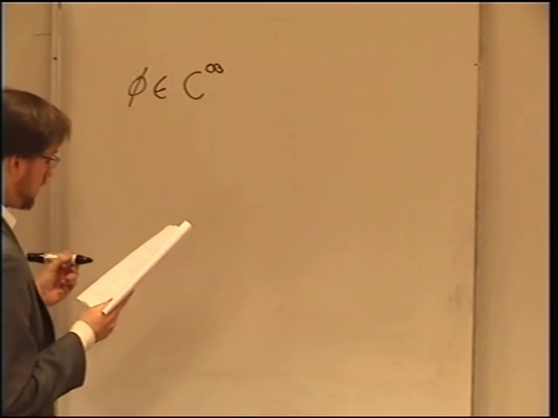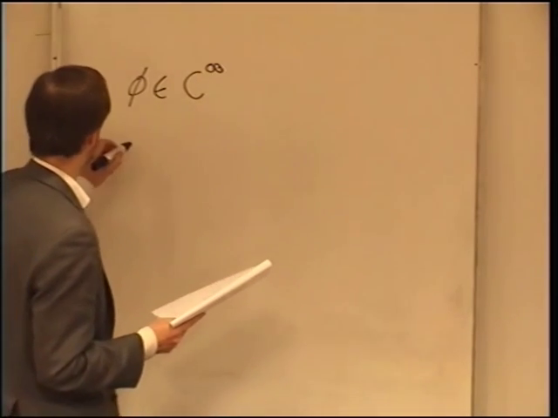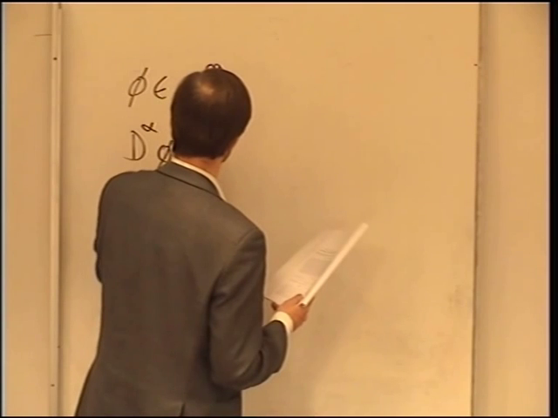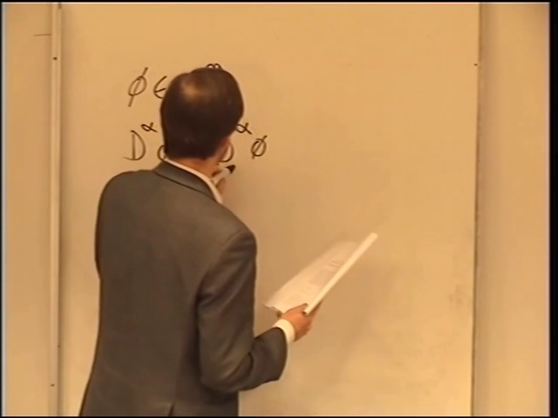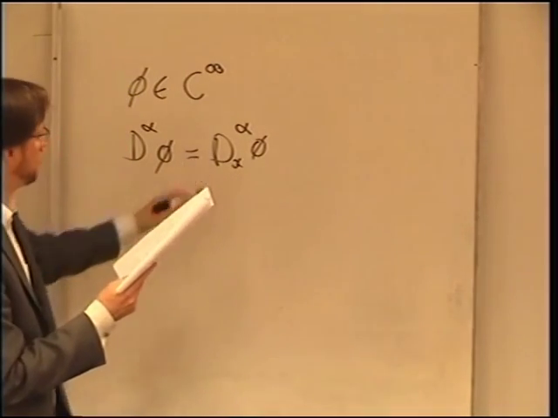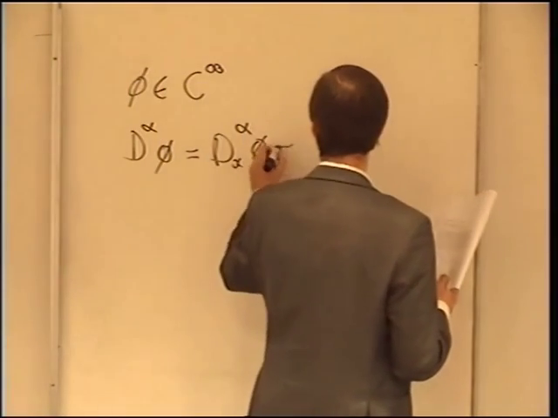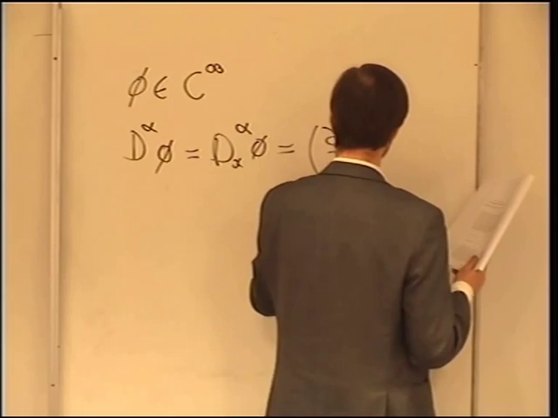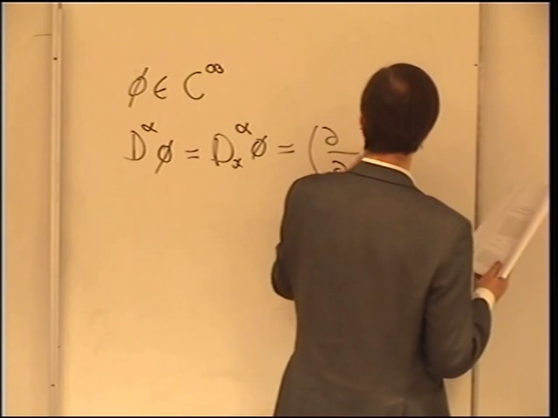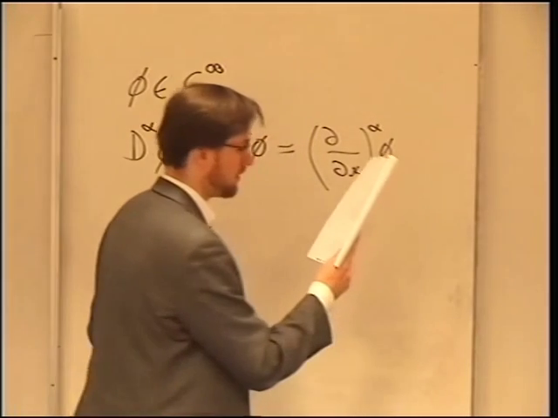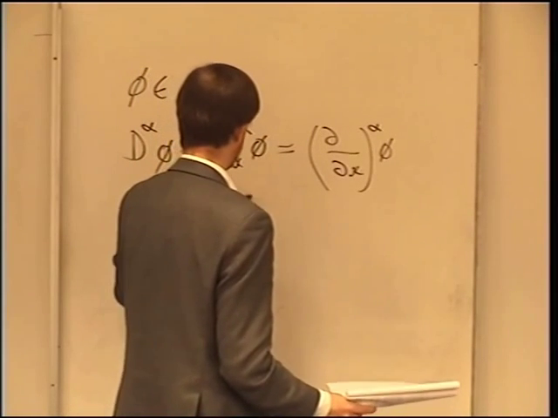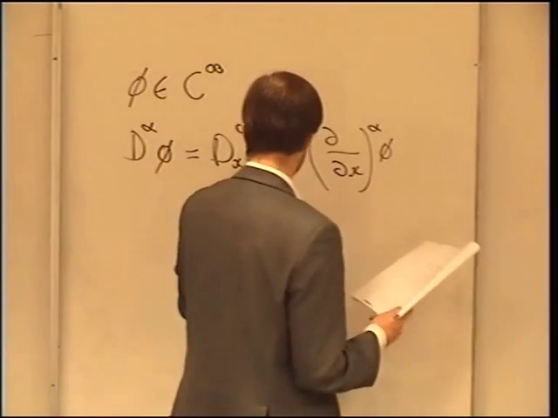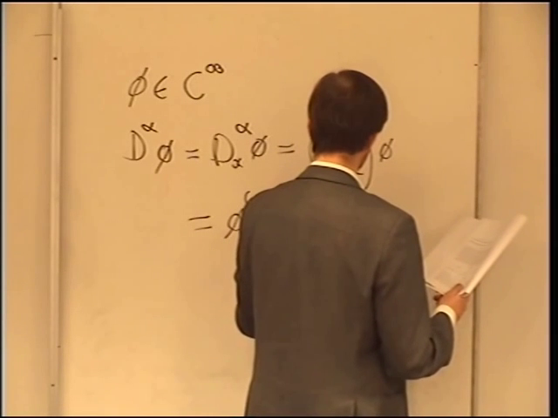And what we are going to say is that the notation d alpha of phi, or equivalently d alpha of phi of x, where I'm saying which variable I'm taking the derivative with respect to, or equivalently the normal partial derivative notation, or equivalently the superscript notation for derivatives, where you put a superscript in brackets meaning take the nth derivative, or equivalently just a partial x sign with the alpha.